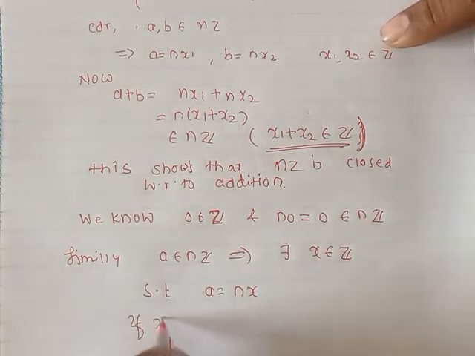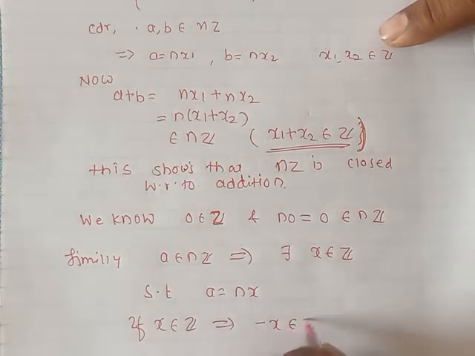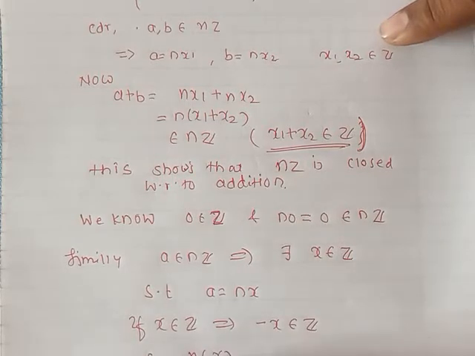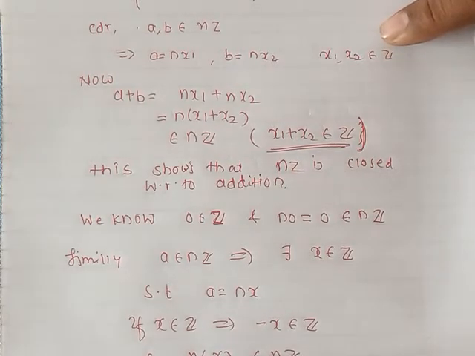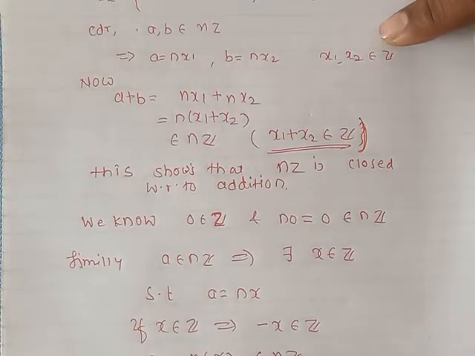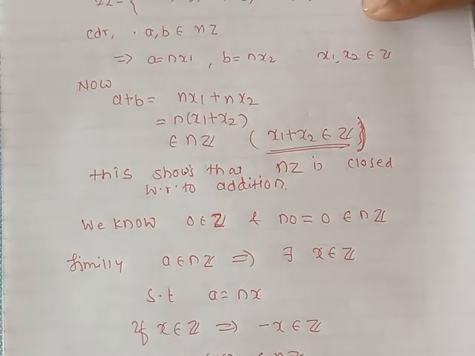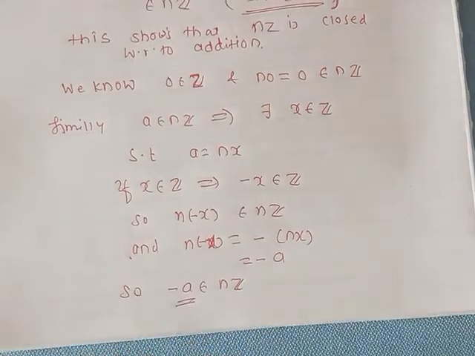Now if x belongs to Z, this implies minus x also belongs to Z, so n into minus x belongs to nZ, and n into minus x is equal to minus n into x, which is minus a, so minus a belongs to nZ, and hence the element a has its inverse minus a with respect to addition.